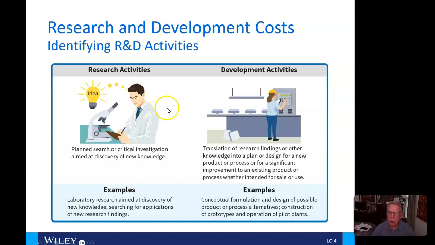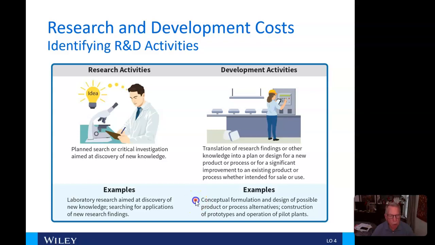So here are the research and development activities. We're trying to discover new drugs or medicines, in that case, looking for applications. Then once we do that, we look to improve our existing process or invent a new product.